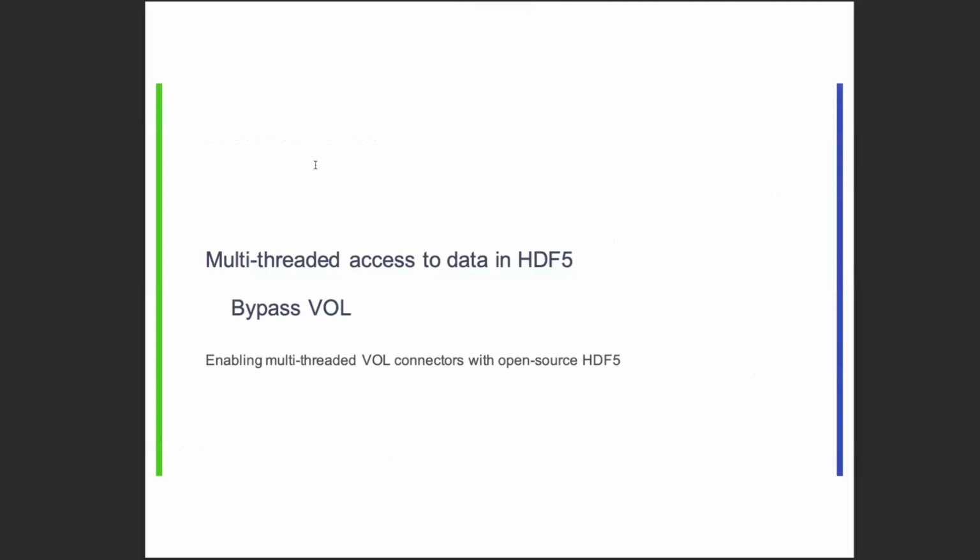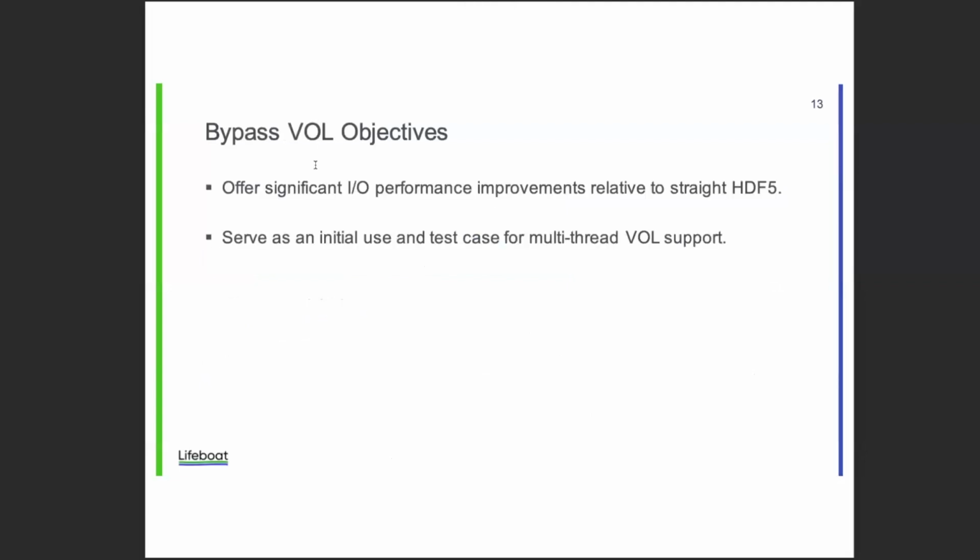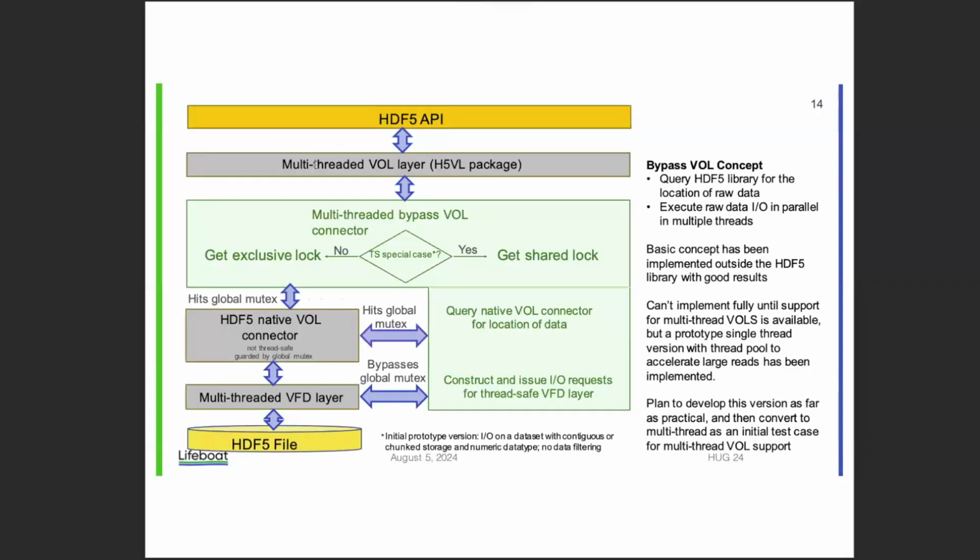So moving on to the bypass VOL. As I already said, our objectives are to serve as a test bed and explore initial applications. That diagram is what we hope the bypass VOL will eventually become. We don't have the full multi-thread support available yet, so right now it only allows a single thread in. But the basic idea is to have a request come in, decide whether or not we can handle it multi-thread.